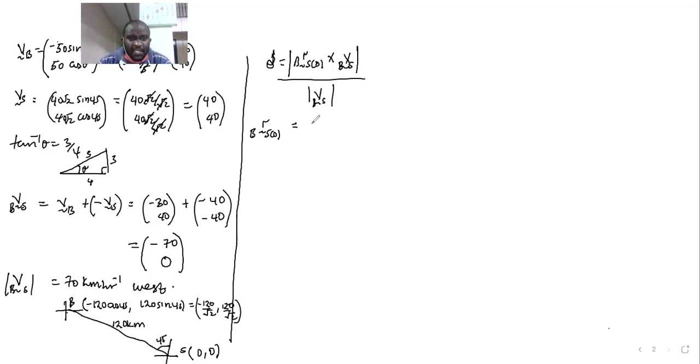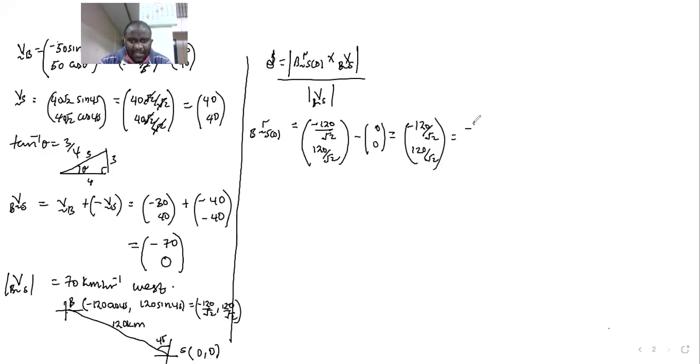If those are the coordinates, you get negative 120 over root 2 and 120 over root 2 as our vector, minus the origin, which is 0, 0. The reference will confirm a negative 120 over root 2 and a positive 120 over root 2. With this, you get negative 60 root 2 and positive 60 root 2.